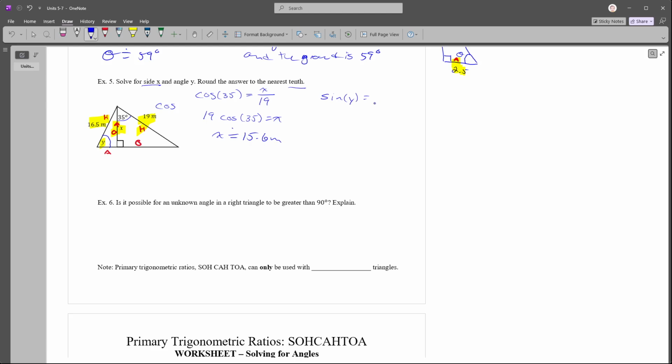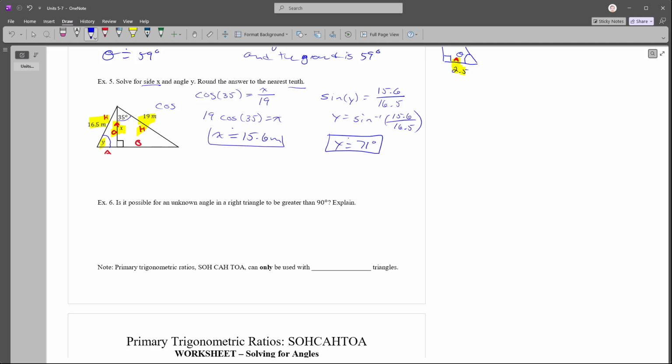Equals opposite, which is x, 15.6, divided by 16.5, our hypotenuse. Okay? And when you do this, you're going to end up with y equal to sine inverse of 15.6 over 16.5. And we end up with y is approximately equal to 71 degrees.